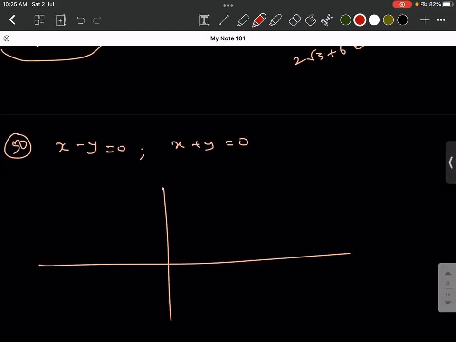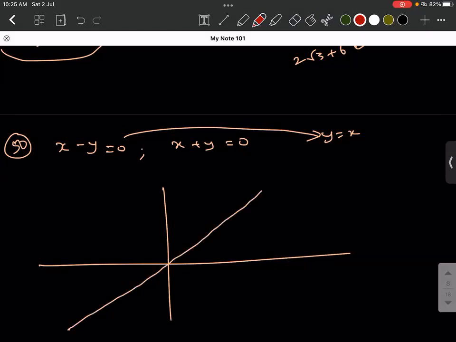So x minus y is equal to 0. That is y is equal to x. No? X minus y is 0 means y is equal to x. So y is equal to x will be a line like this. This is y is equal to x.